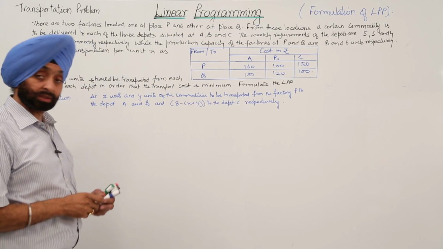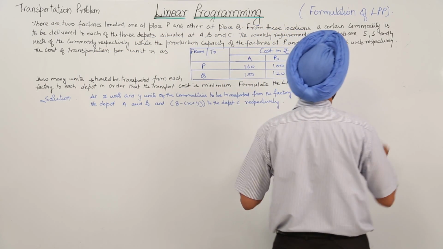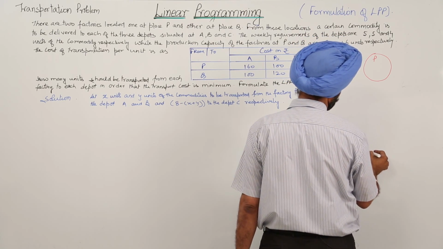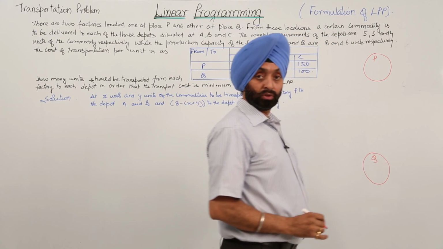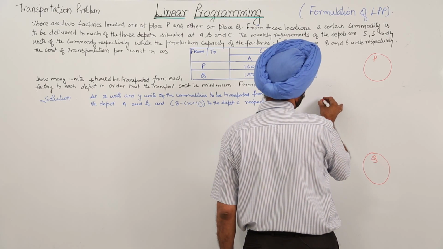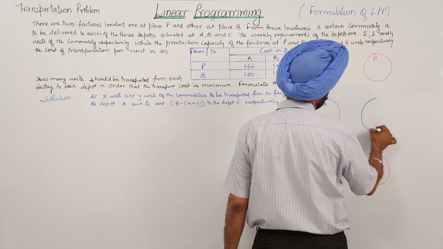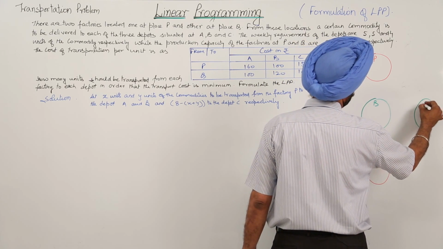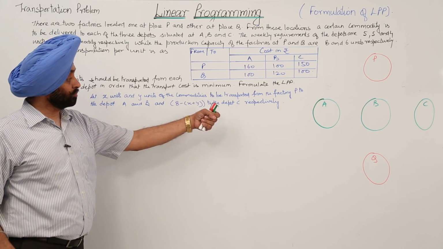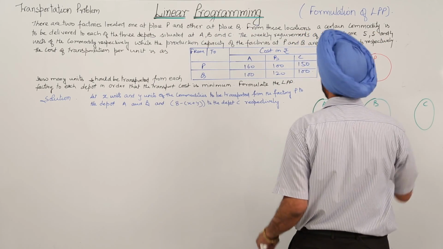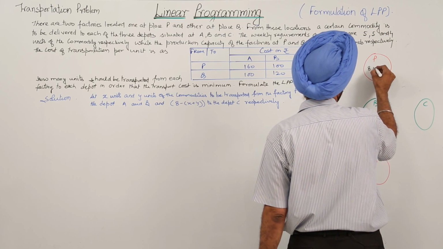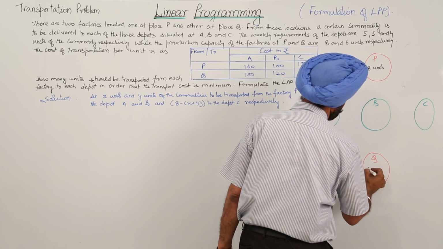Now let me draw a figure first to make it more interesting. Suppose here we have P and here Q, the two factories, and then depot A, depot B and depot C. Factory P has 8 units and factory Q has 6 units.